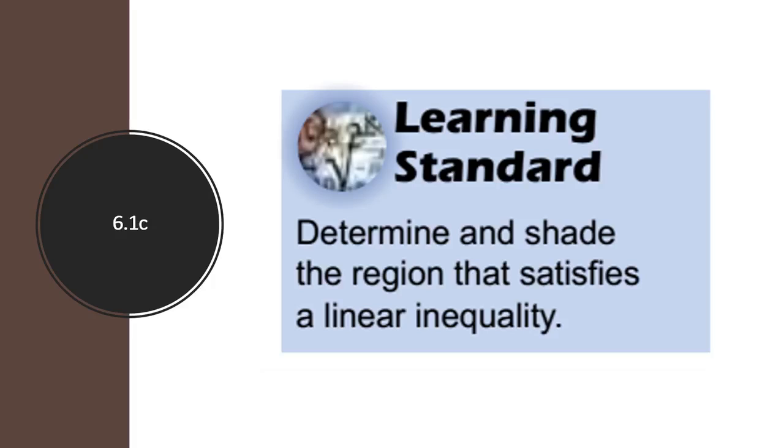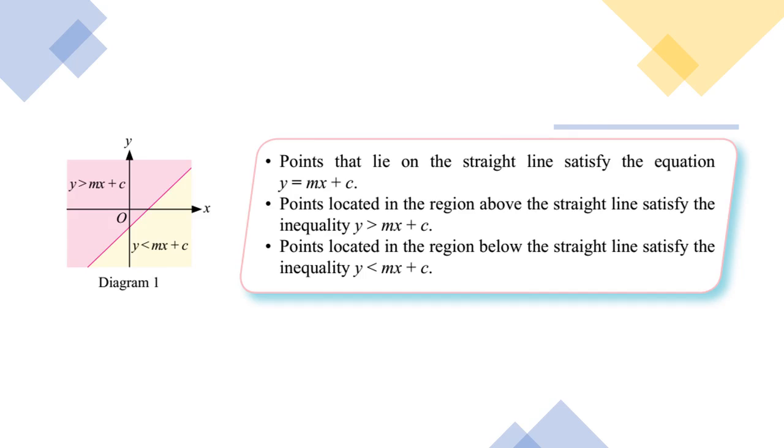Today, we are going to learn about how to determine and shade the region that satisfies a linear inequality. In the previous lesson, we have learned that the points that lie on the straight line satisfy the equation y is equal to mx plus c.